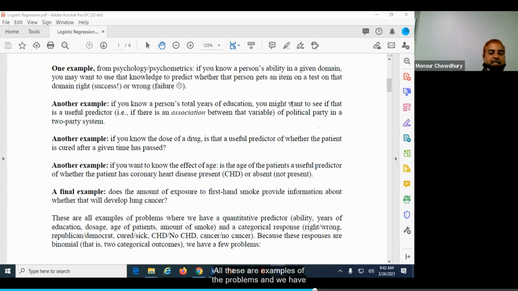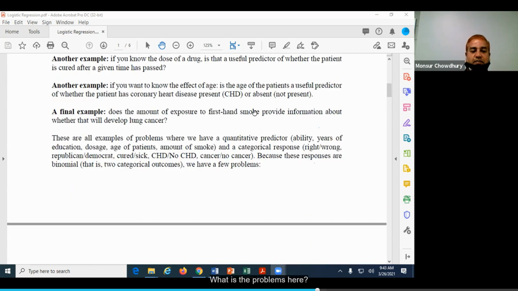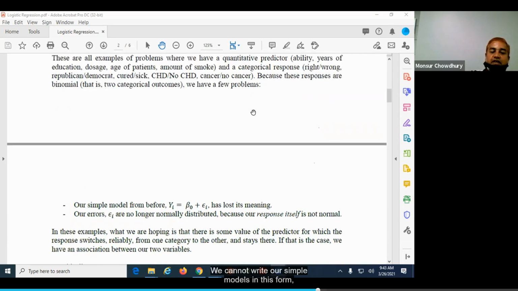So all these are examples of problems where we have quantitative predictors and a categorical response. Because these responses are binomial with two categories, we have some problems. So what are the problems here? We cannot write our simple models in this form, where they are linearly related.